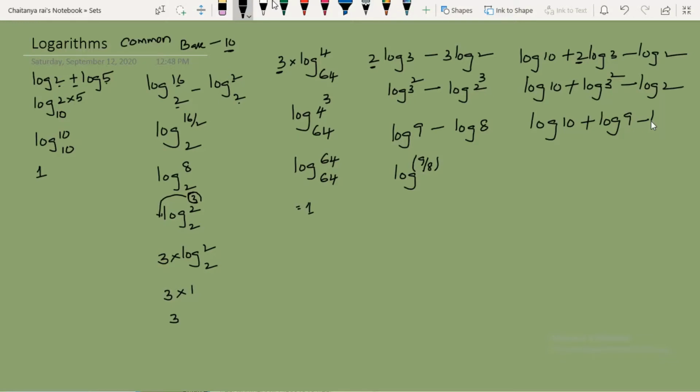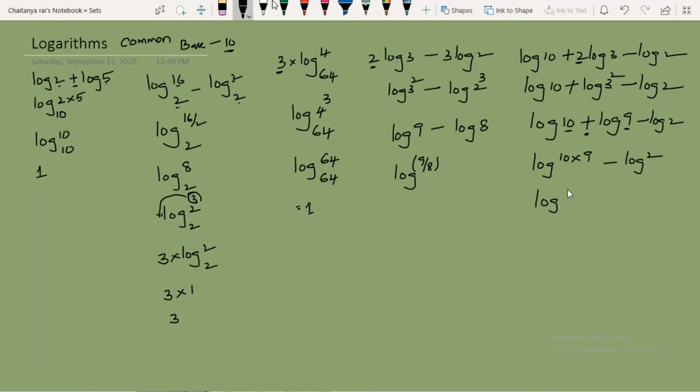So all are individual logarithms. Since we have plus here, we need to multiply these two arguments. Then this becomes logarithm of 10 into 9 minus log 2. So logarithm of 10 times 9 is 90 minus logarithm of 2.